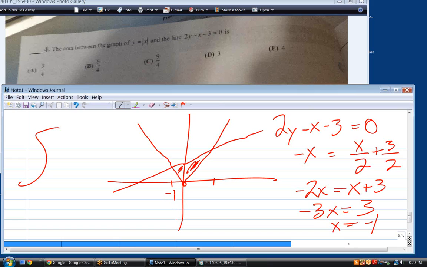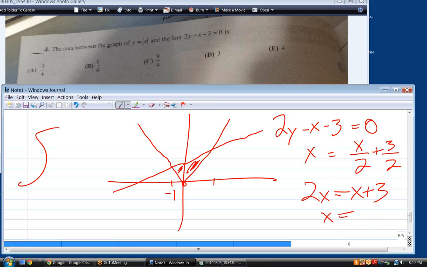So that point's minus 1. And when I set it equal to positive x, everything to the right of the y-axis, then I got 2x equal x plus 3, x equal 3.